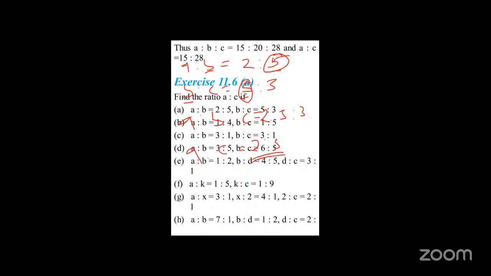A different example, like in number 1B, whereby we have A ratio B equals 1 ratio 4, and B ratio C equals 1 ratio 5.